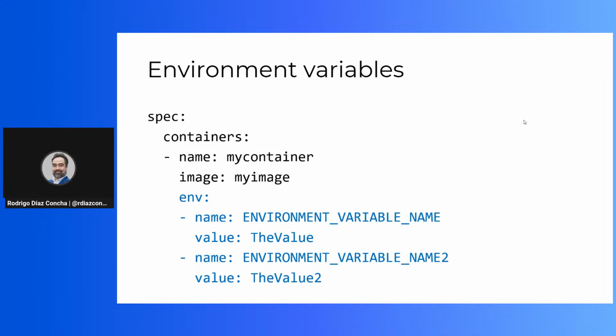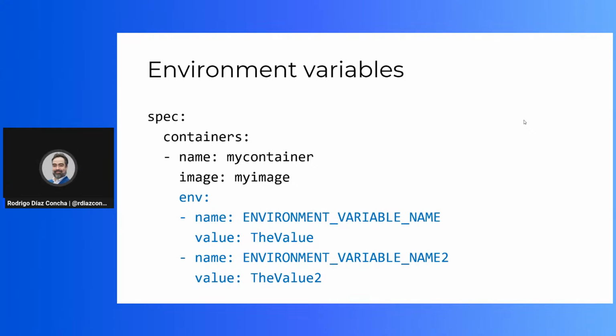So for instance, in this example that I have here on the screen, you can see that I'm specifying a couple of environment variables named environment_variable_name, and the other one with 2, right? So as you can see, env is the element that we use for specifying the environment variables for our containers in a pod.